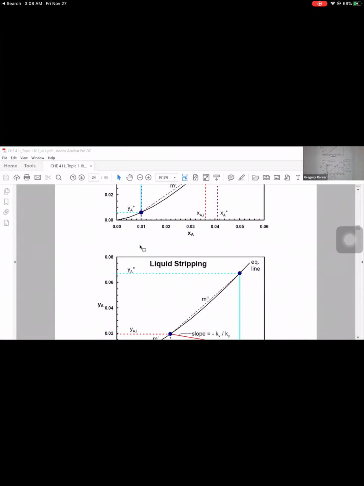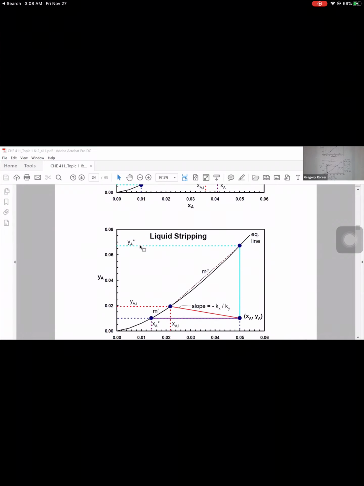In liquid stripping, the source of mass transfer is the liquid and the sink is the gas film. So we have to be looking at this process here to reference liquid stripping.